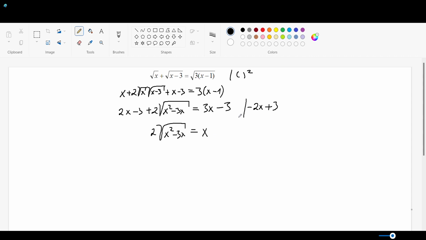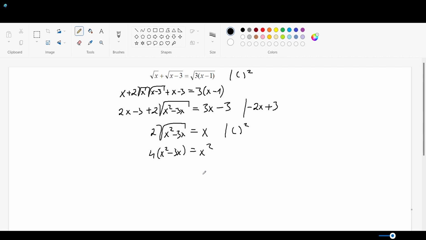Oh, that's nice, because these 3's are again gone. As we have only one square root here, we can again square both sides. So it will be 4 times x squared minus 3x equals x squared.